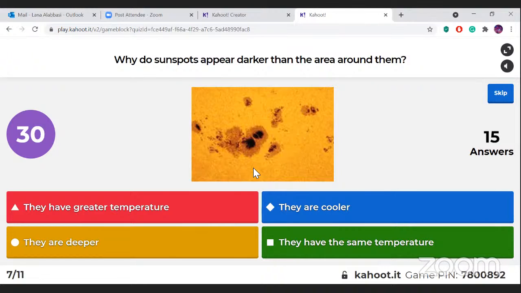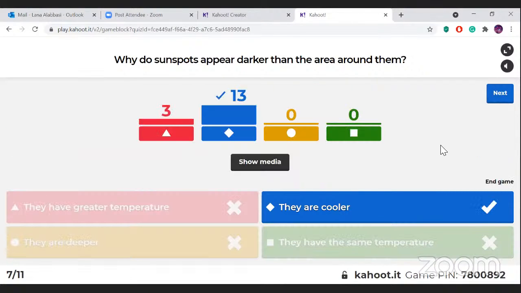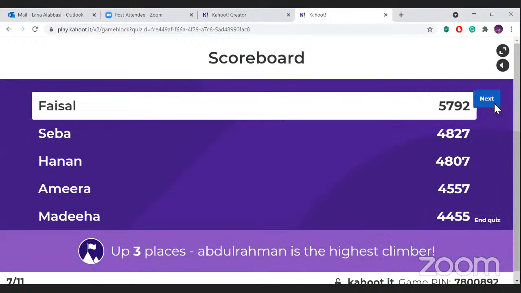But is it cooler or higher temperature? So the correct answer is because they are cooler. If you remember, we mentioned that they're about 2000 Celsius degrees lower than the rest of the surface, and they're about 4000 Celsius degrees compared to the sun surface, which is about 6000 Celsius degrees. Faisal is still at the top.